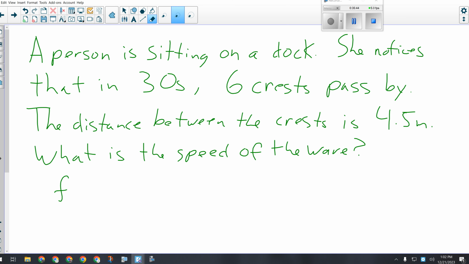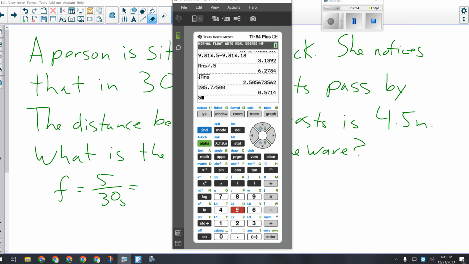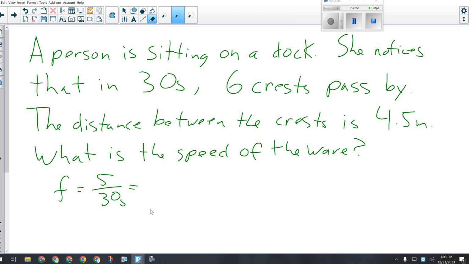So frequency is waves per second. 5 waves in 30 seconds will give me my frequency. So 5 divided by 30, there's my frequency, 0.16 repeating hertz. The distance between the crests is 4.5 meters. What did they tell me there?